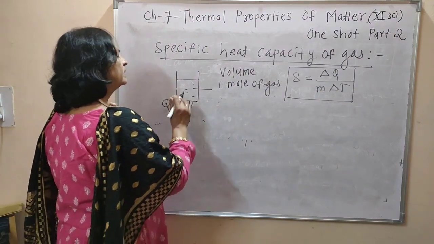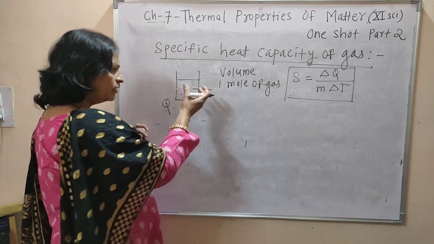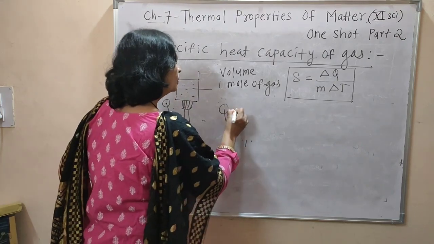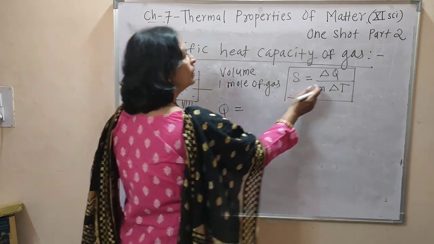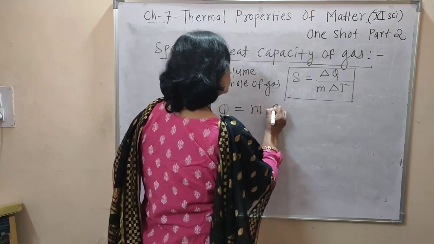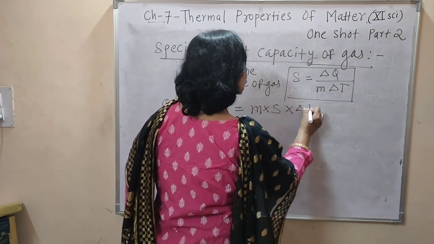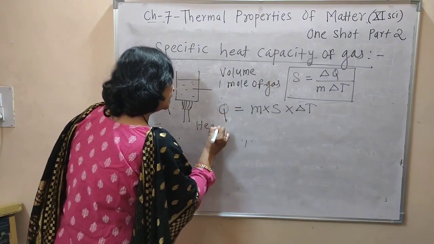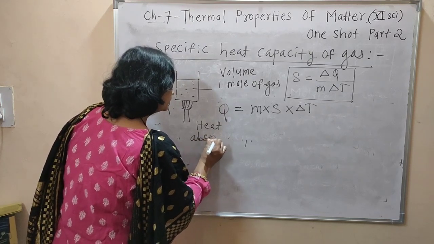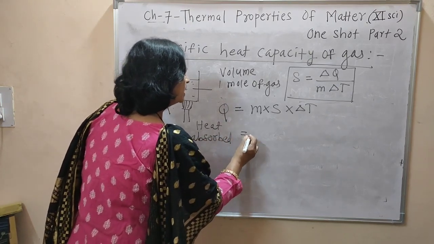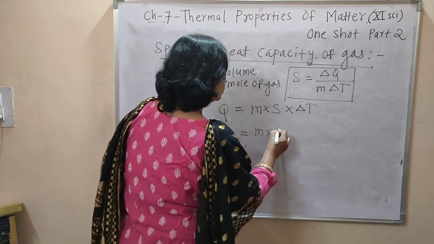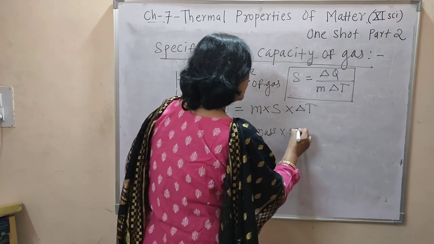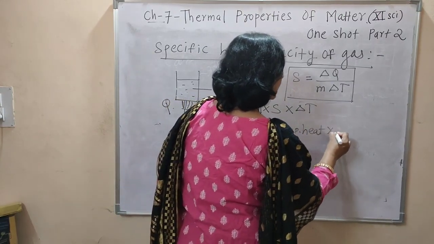When we supply heat, there is a rise in temperature, and when we remove the heat, there is a fall in temperature, and therefore when heat is absorbed, Q is equal to mass into specific heat capacity into rise in temperature.